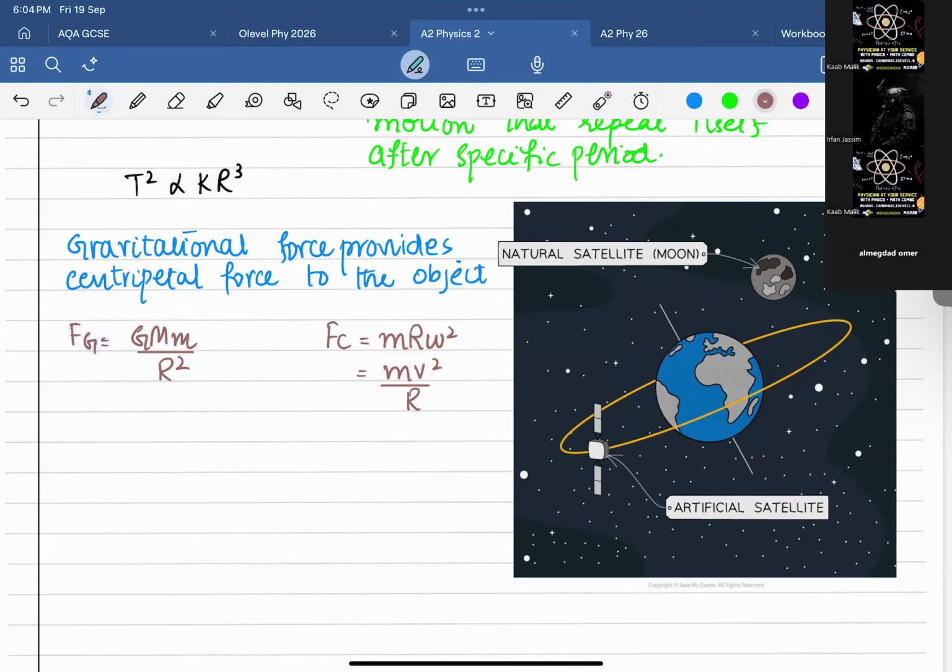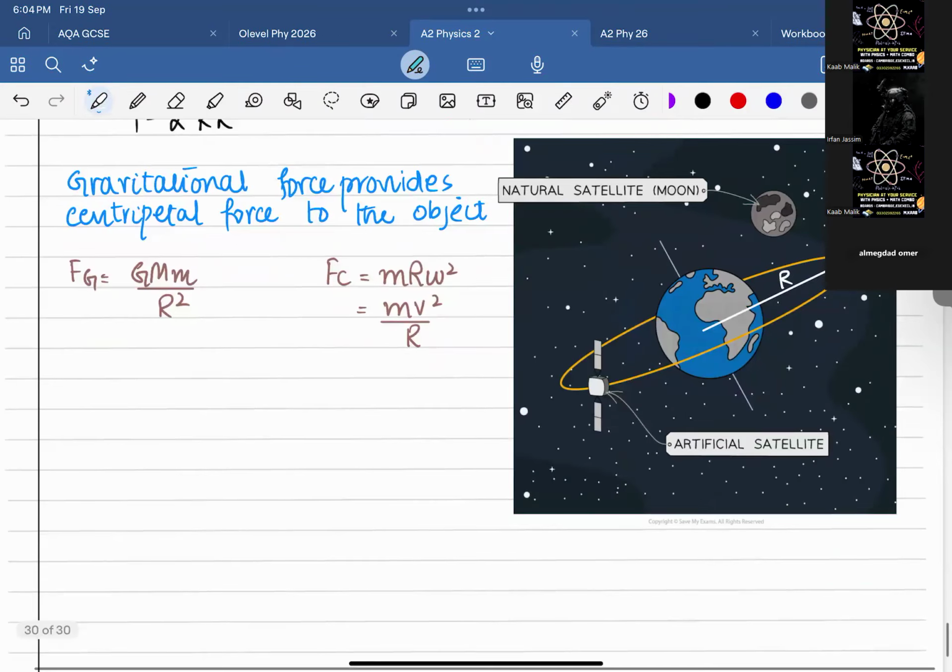Now, the distance r is basically the separation from the center to the center. So this is your r. Now we can carry on the derivation.